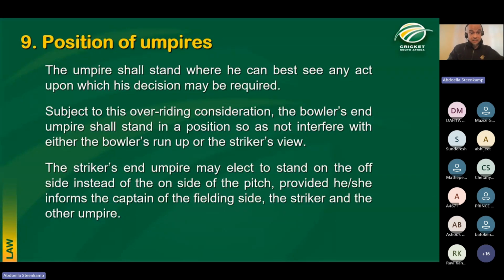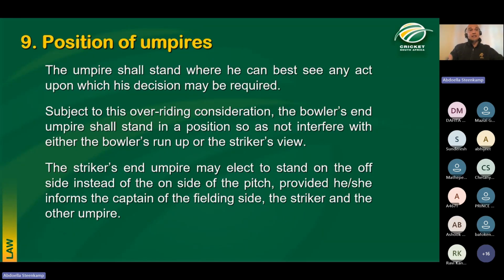The law tells us that the striker's end umpire needs to stand on the leg side of the pitch, depending on whether the striker is right or left-handed. So the law is clear: the striker's end umpire must stand on the leg side. But the law also allows for instances where the umpire needs to stand on the offside.